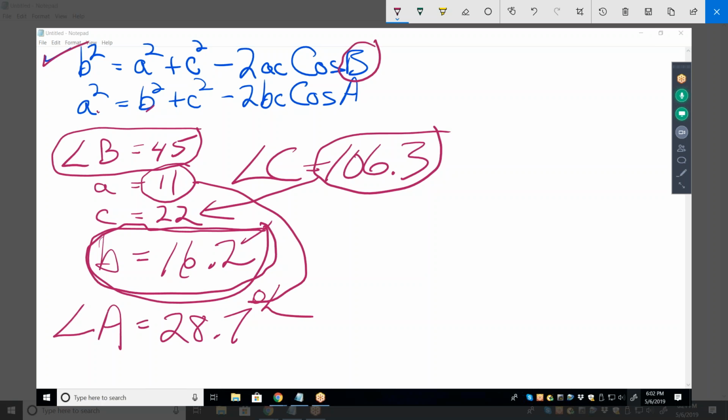Okay, then as long as the medium side is opposite the medium angle, 45 degrees, cool. Once you prove that, that's a pretty good indication that you haven't messed up the math anywhere, because usually if you make a mistake in the math, you get answers that don't make any sense. You know, they don't pass the smell test or the ballpark test, whatever you want to call it. All right.